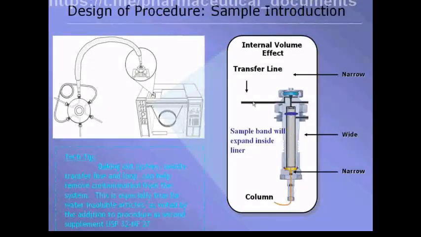So as that transfer of our sample band comes in and it hits this high volume, low linear velocity section of our injection port, we could see that the sample band will then widen. What we have found is, first of all, when dealing with a pressurized loop transfer line type system, the liner choice becomes critical, which we will discuss in a moment.